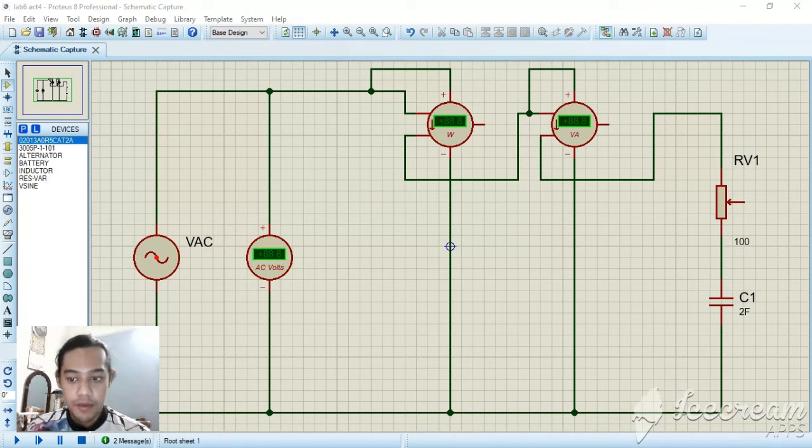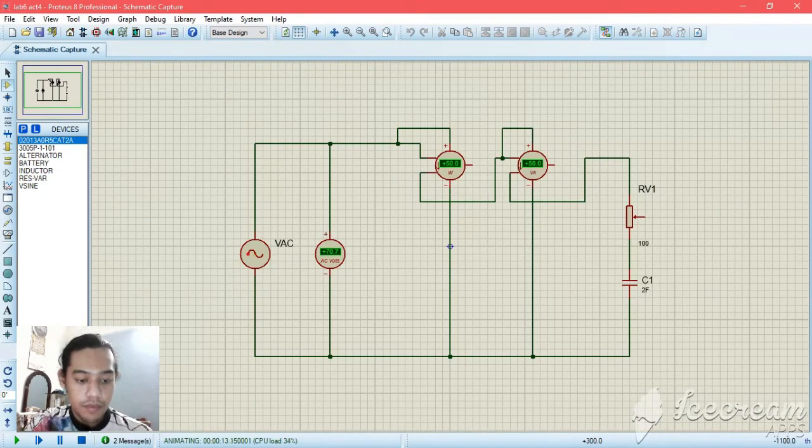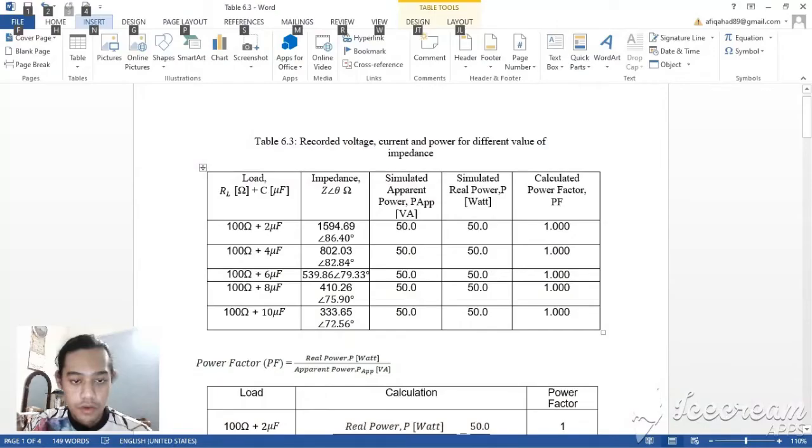For example, I will use a 2 microfarad capacitor and 100 ohm load. After clicking run, we can see that the apparent power and the real power are both 50, and we have to record the data on the table here.